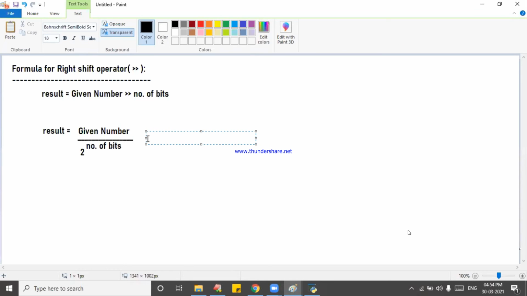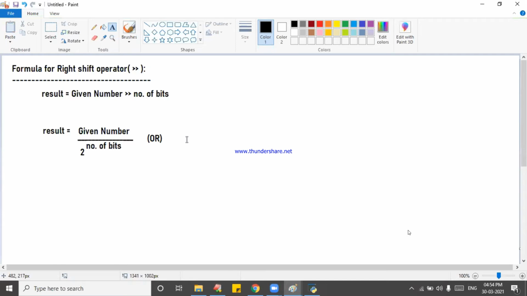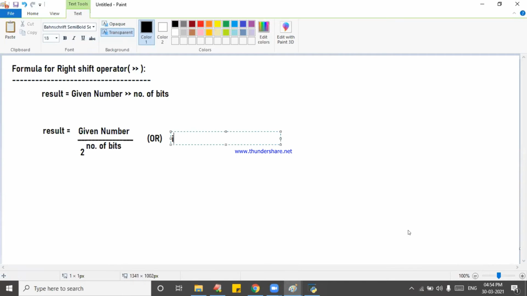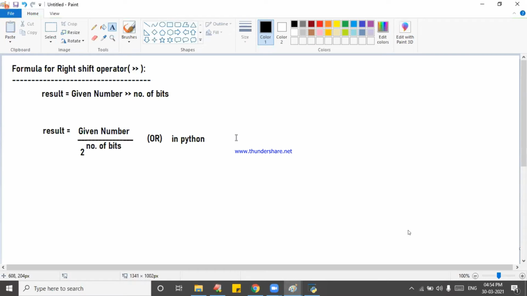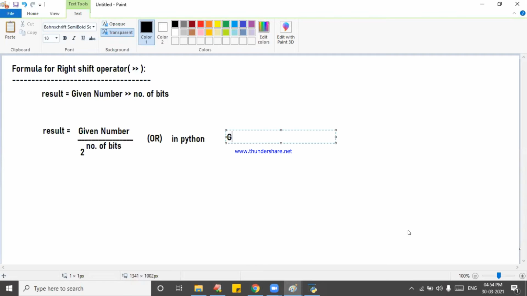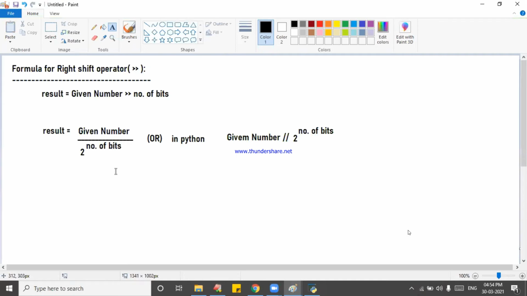Or in Python, given number double slash 2 to the power of number of bits. This is the formula.